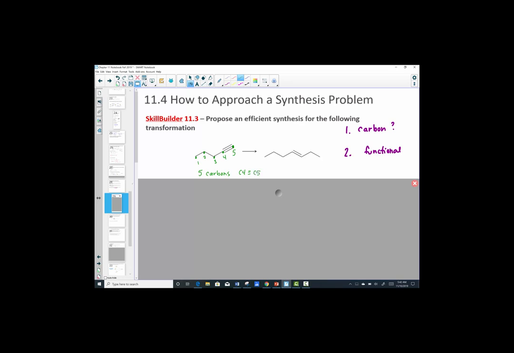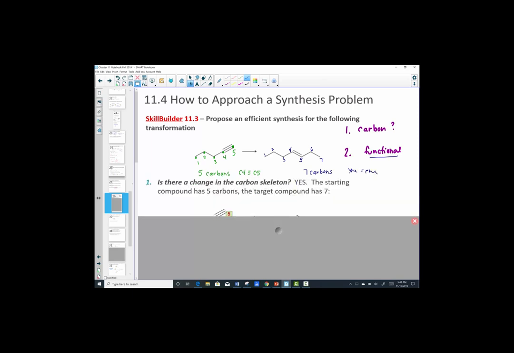Now what do we have on this side? 1, 2, 3, 4, 5, 6, 7. So now I see that we added 2 carbons, but notice that the functional group between carbon 4 and 5 is still in the same position, but it's gone from an alkyne to an alkene.